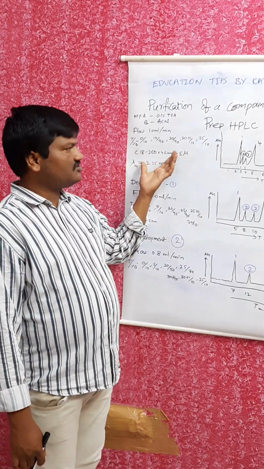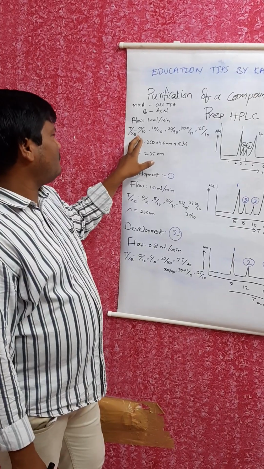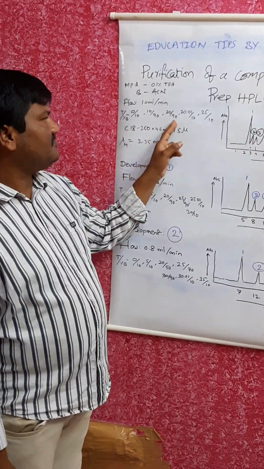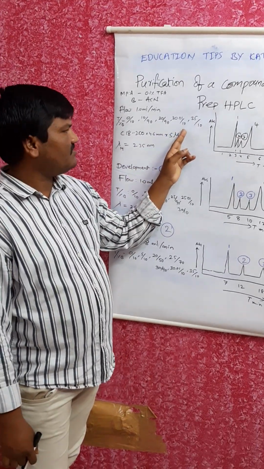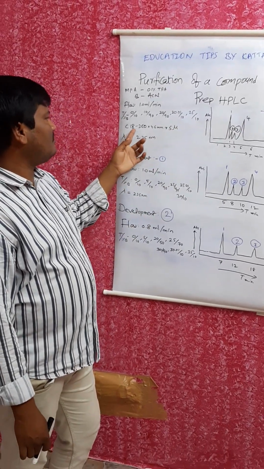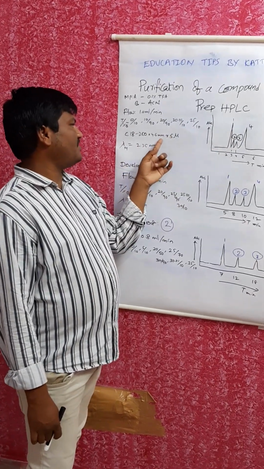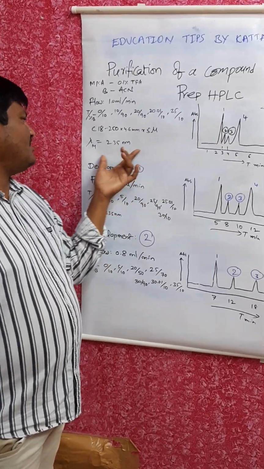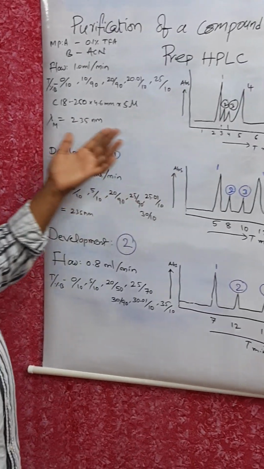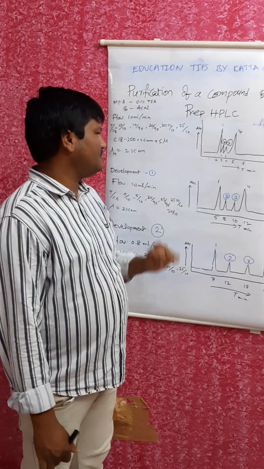The gradient, time by percentage of B, is 0 by 10, 10 by 90, 20 by 90, 20.01 by 10 and 25 by 10. The column used is 250 by 4.6 mm, 5 micron, and the wavelength used for this sample is 235 nanometer.